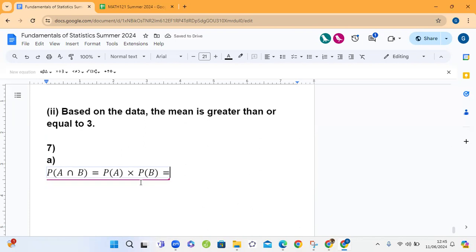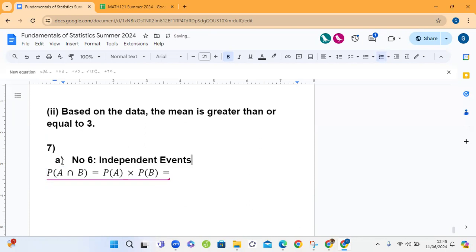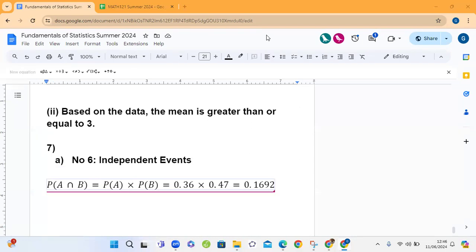That's the only time you use formula number 6. Okay, so we can even write number 6 there. Independent events. So we now just substitute the values and multiply them. So the answer is 0.1692.